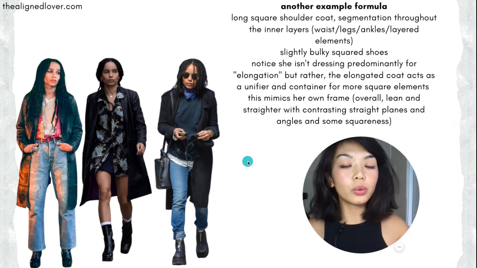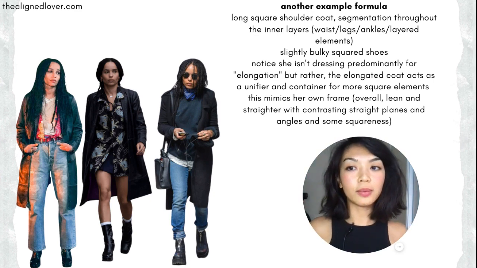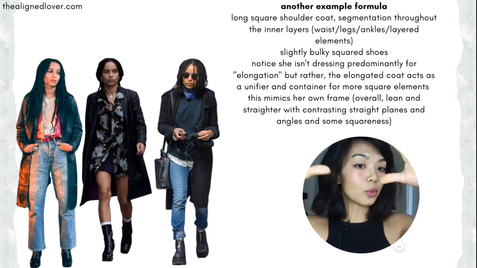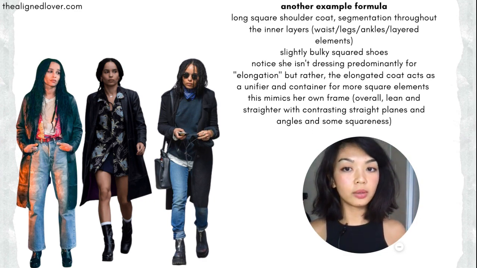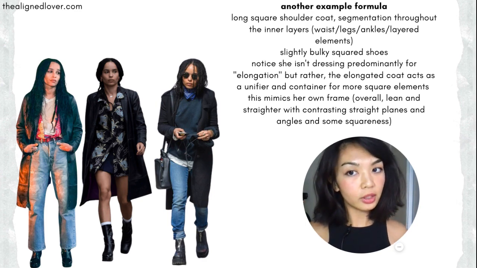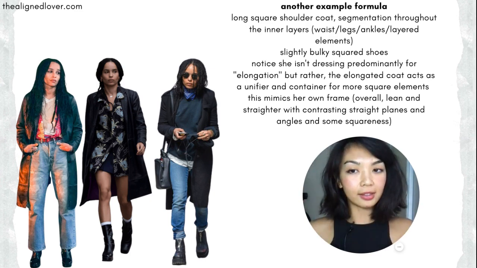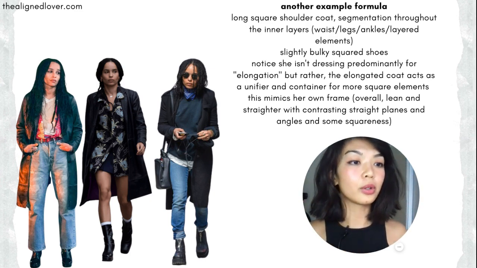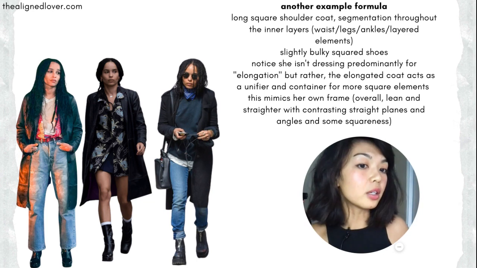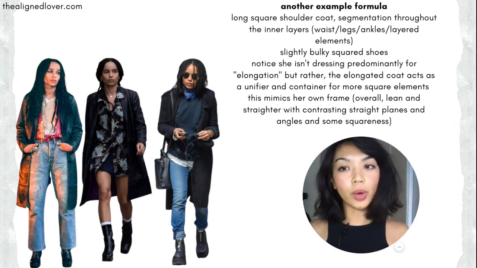And overall, we're getting that embrace of a square shape. And combined with the more elongating coat, it's just such a beautiful and unique kind of outfit formula for her. If you were to try this kind of outfit on someone who is very soft and curvy, they'd be completely overwhelmed.